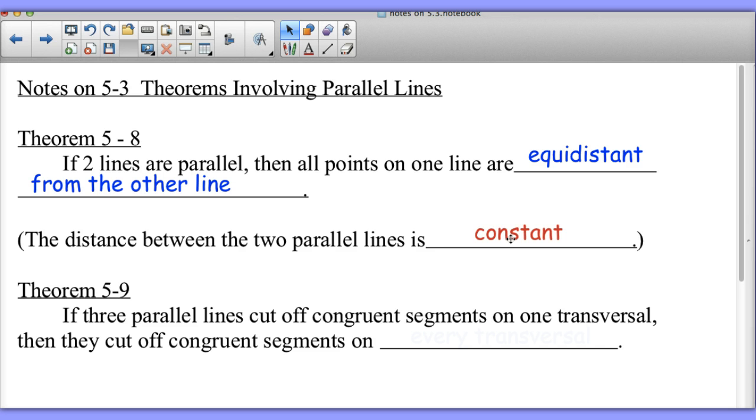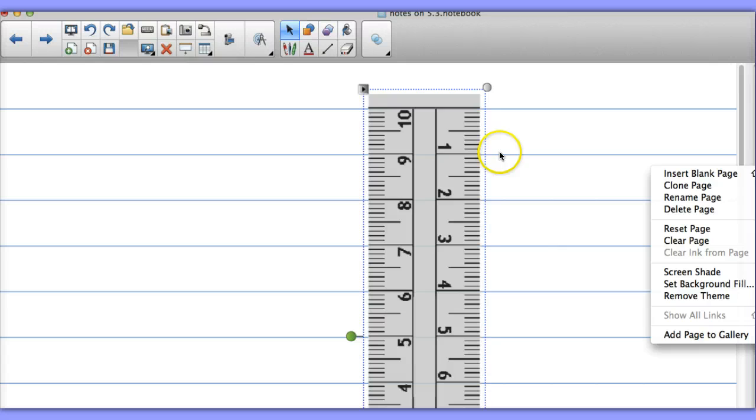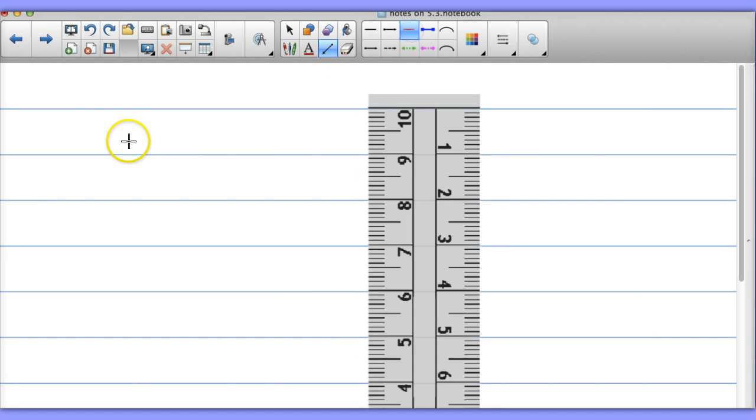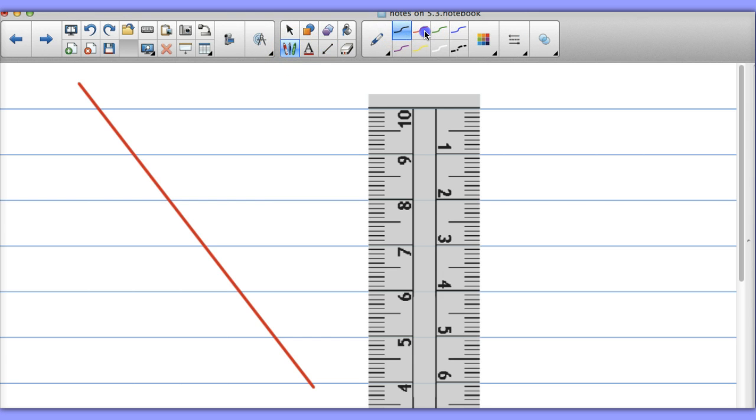Let's take a look at a second theorem that talks about three parallel lines cutting off congruent segments on one transversal. So let me get a transversal. And let's say that I wanted to measure the distance between some points along my transversal.